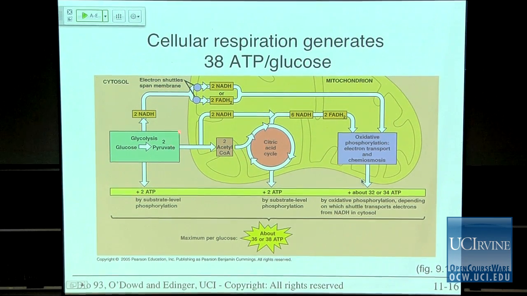In the citric acid cycle, our pyruvate is converted into acetyl-CoA, and we get some additional NADHs here as well. And then in the citric acid cycle, we have FADH2 that gets produced as well as NADH. And these come into oxidative phosphorylation. So we have 2 ATPs here, 2 here, and the majority of ATPs come out in oxidative phosphorylation, which is broken up into 2 processes.